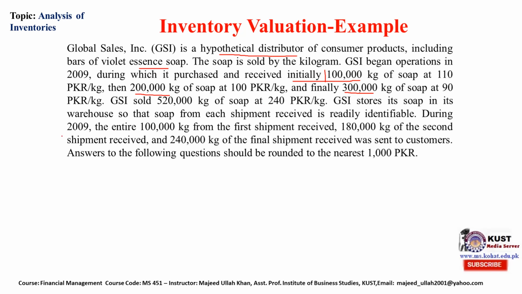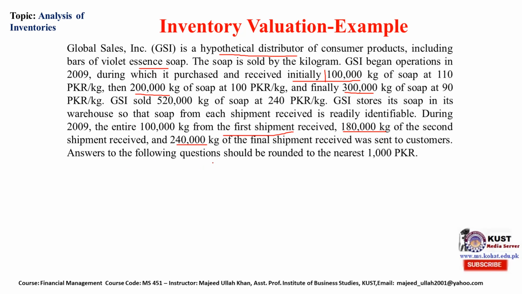During 2009, the entire 100 kg from the first shipment received, 180 kg of the second shipment received, and 240 kg of the final shipment received was sent to the customer.